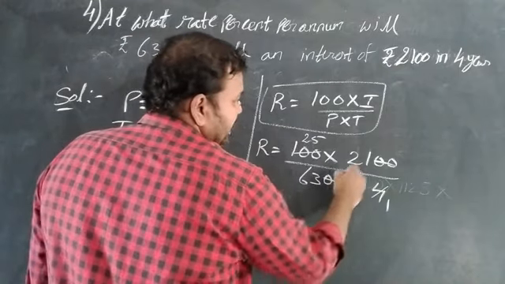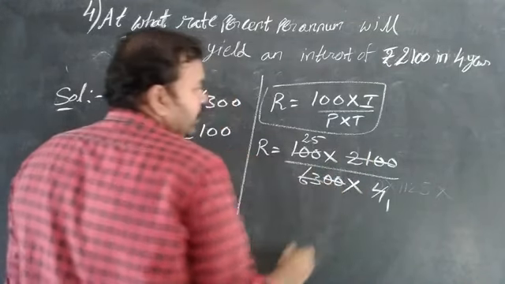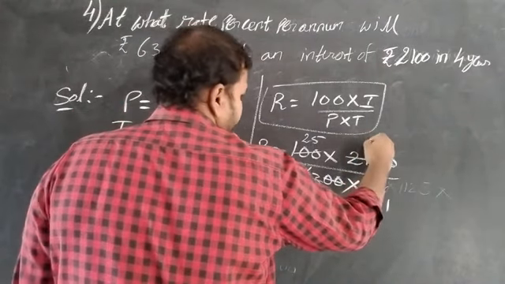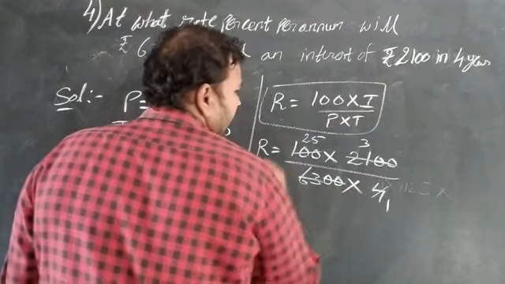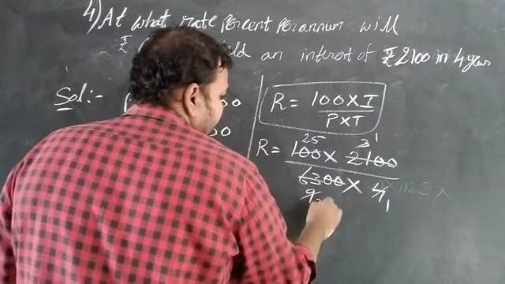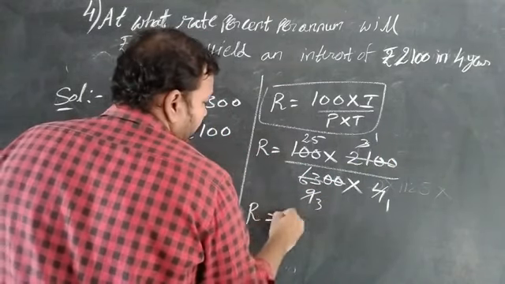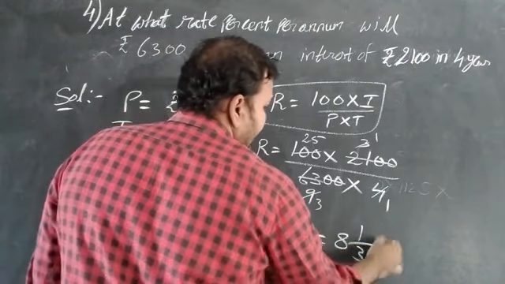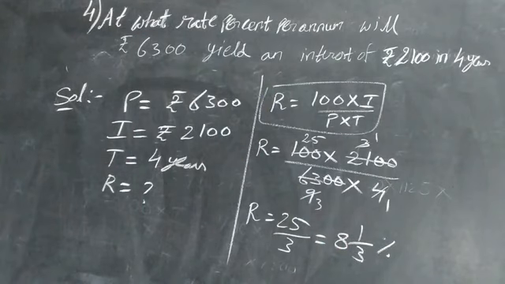Here 21 and 63, cancellation in the 7 table: 7 threes are 21, 7 nines are 63. Again 3 table, 1 time, 3 times. R is equal to 25/3, which is equal to 8 1/3 percentage. So we are writing the rate in the form of percentage.